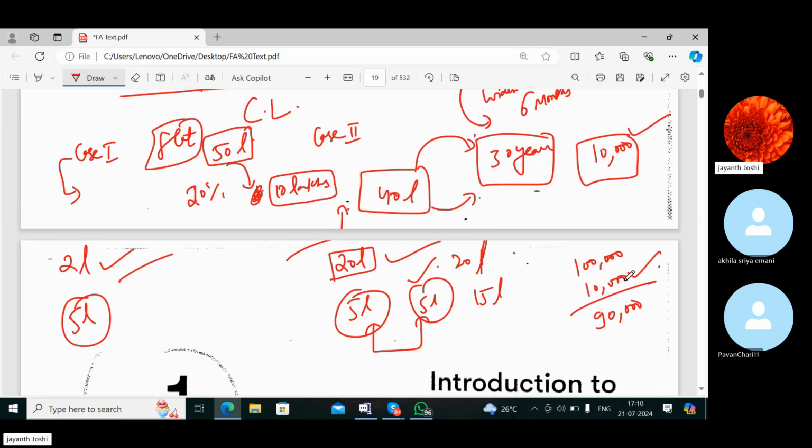You can reduce this from your taxable income and pay taxes on the net income. So my taxes would be on 90,000. 30% of 90,000 is 27,000. Otherwise, how much tax would I have paid with no deduction on 1 lakh? 30,000. 30%, 30,000. Correct or wrong?